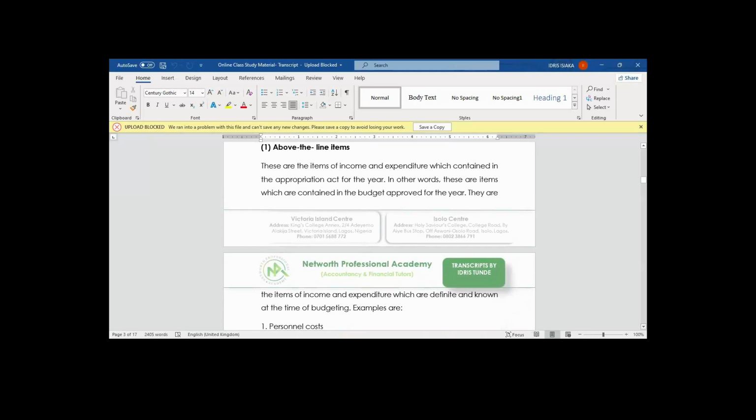Or you can define it in this way: they are items of income and expenditure in which the amount is known at the time of budget preparation.